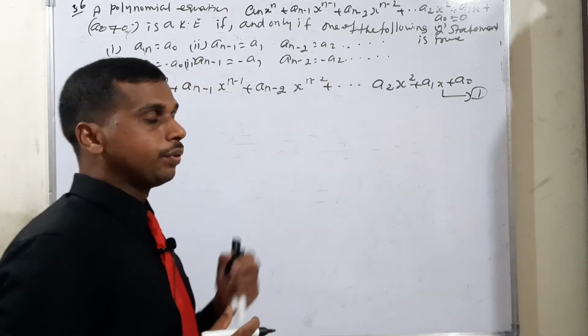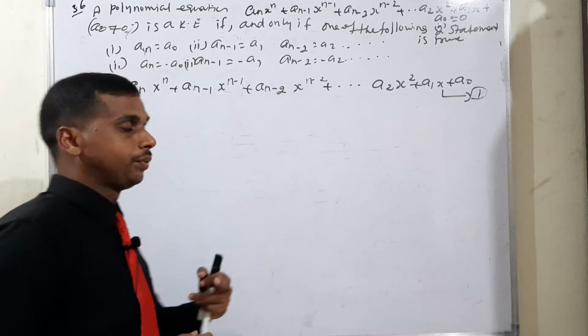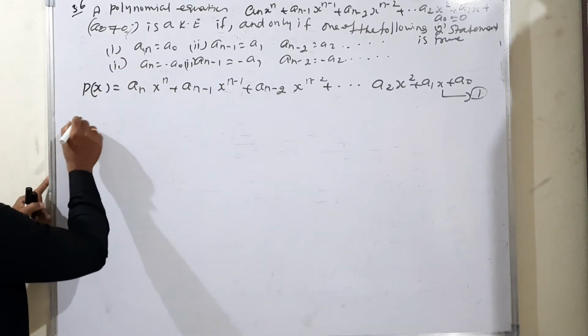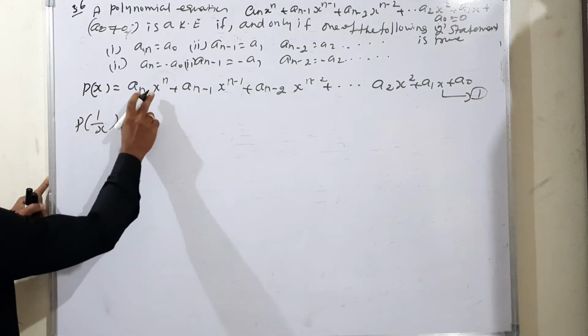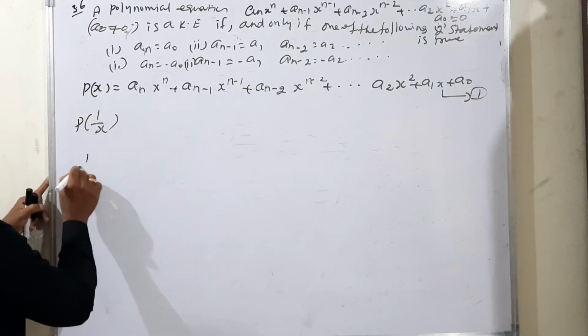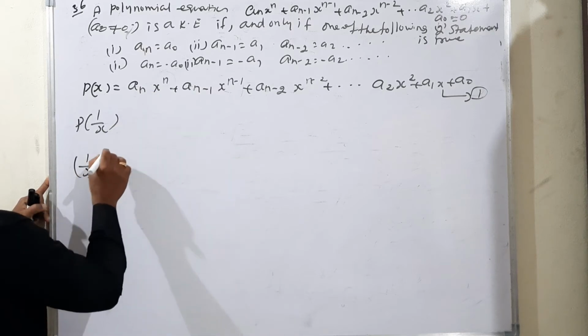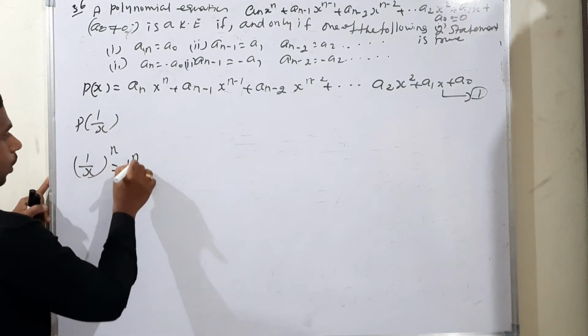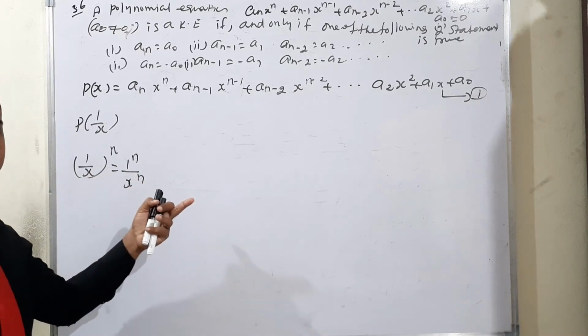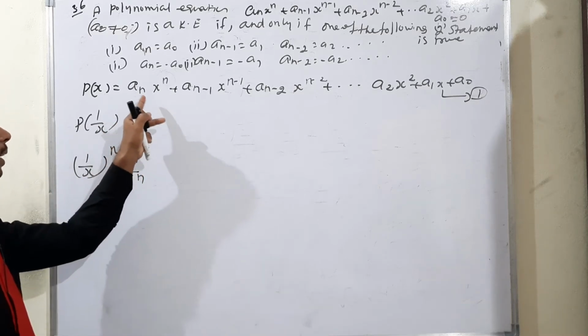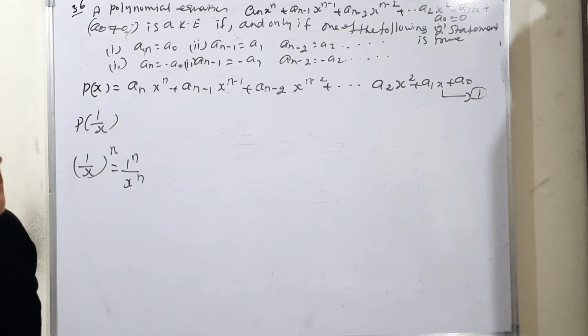Next, for the if and only if statement, the reciprocal of the term: instead of x, we have to consider 1 by x. For example, we already have x to the power n, so instead of x we apply 1 by x the whole power n, which means 1 power n divided by x to the power n. 1 power anything is 1, therefore we can write it directly as an by x to the power n.